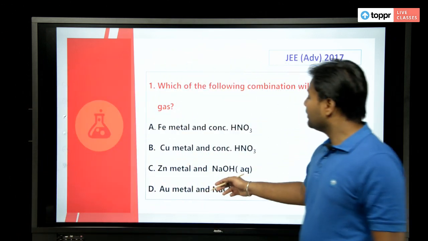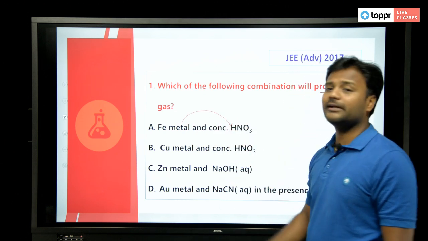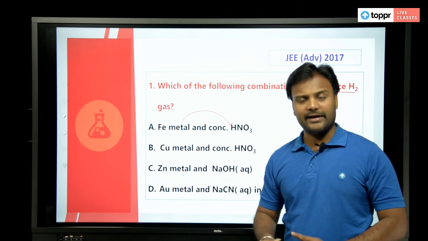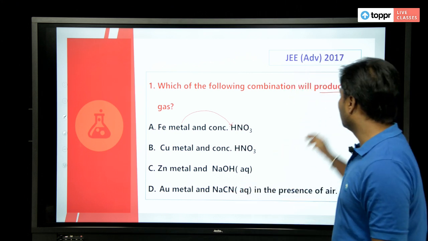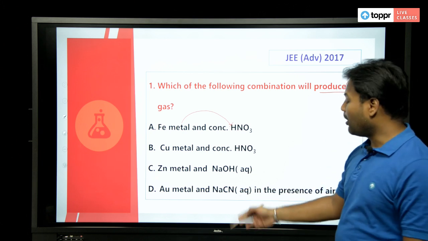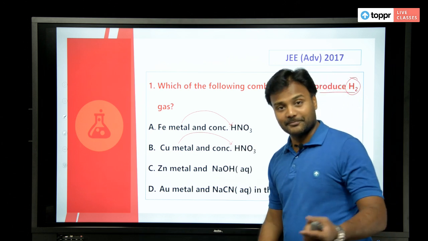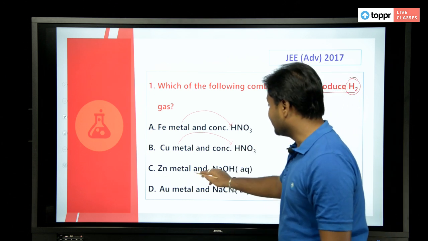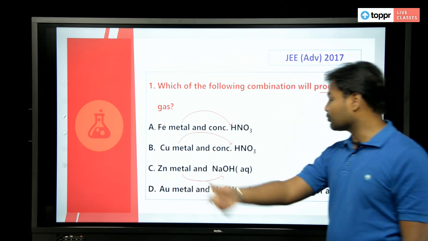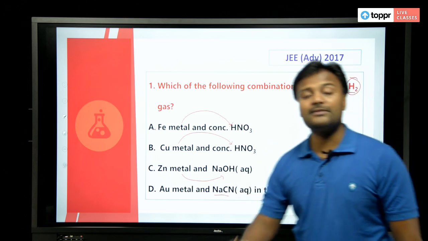So, guess students, what is the right answer? When iron metal reacts with concentrated nitric acid, what is the product formed? Do you think hydrogen gas is liberated? Or what happens when copper is treated with nitric acid, and zinc with sodium hydroxide, aurum, that is gold, treated with sodium cyanide in the presence of air?